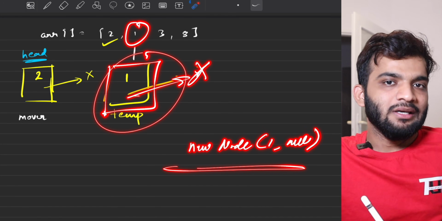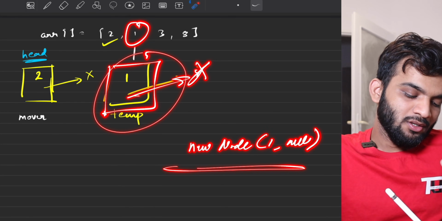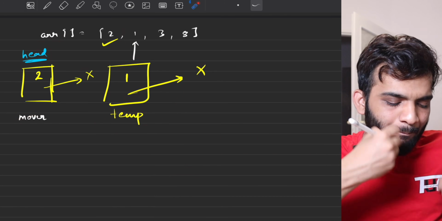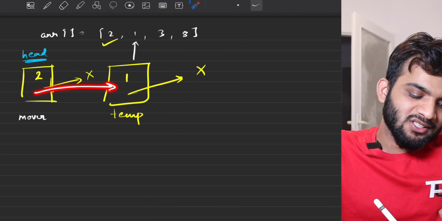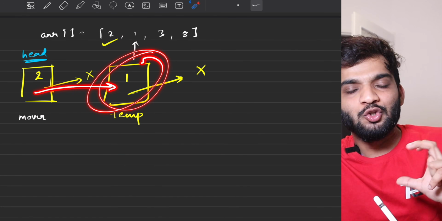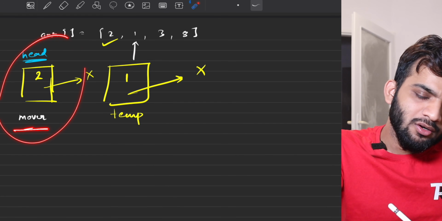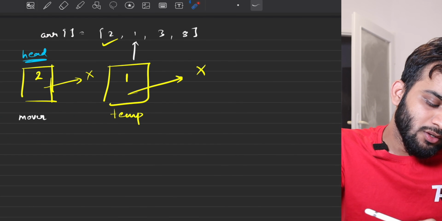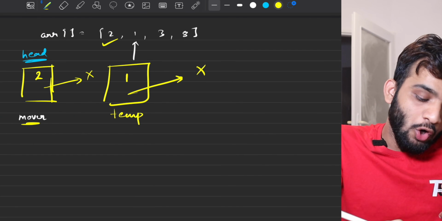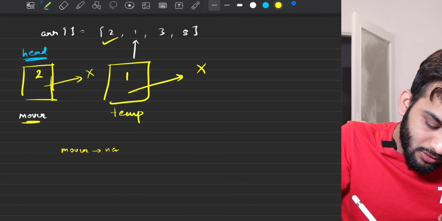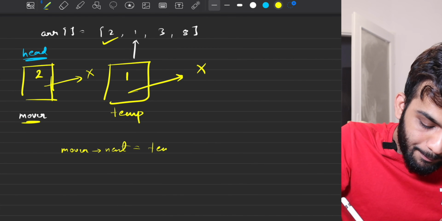In order to create the linked list, what should happen? This previous element, instead of pointing to null, it should remember that its next is this. It should remember the pointer to this memory location, correct? This is basically mover. So can I say mover, your next will be temporary?